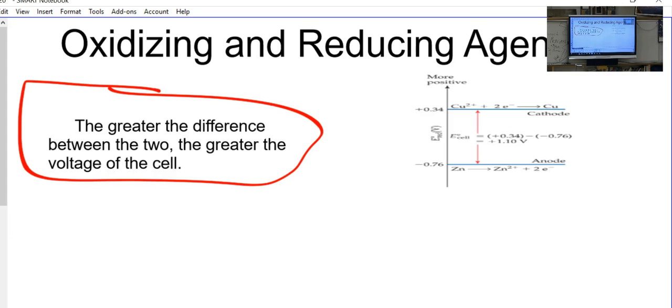The greater the difference between the two cells, the greater the voltage of the cell.